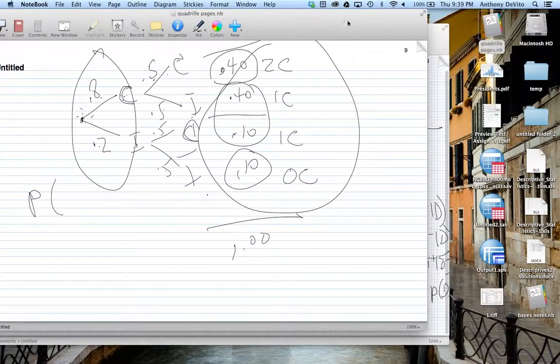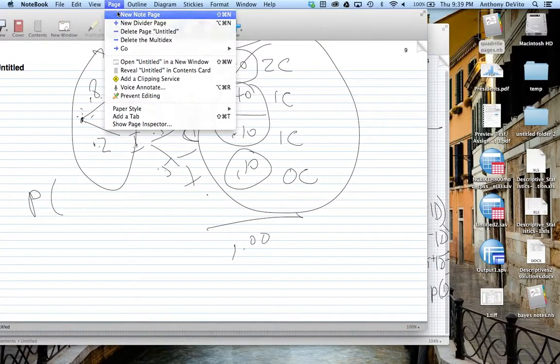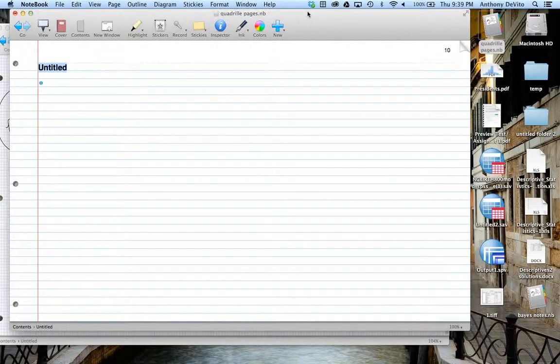Okay, so now I'm going to get another page here, and I'm going to redo that page that we started with. We started with a test that had a sensitivity of 80%.